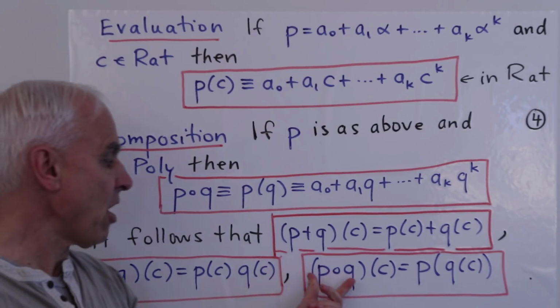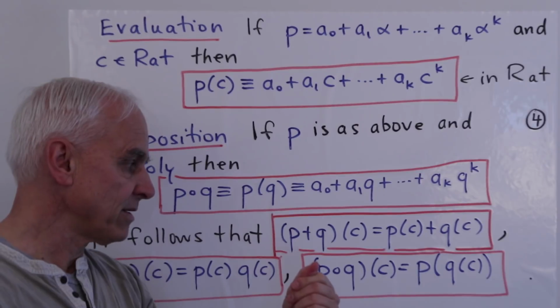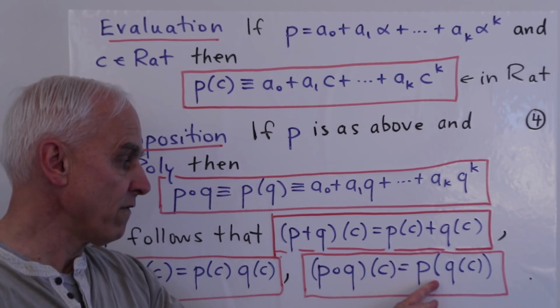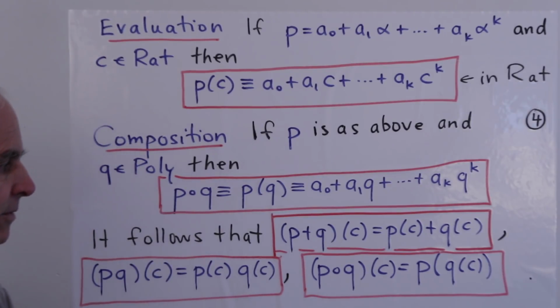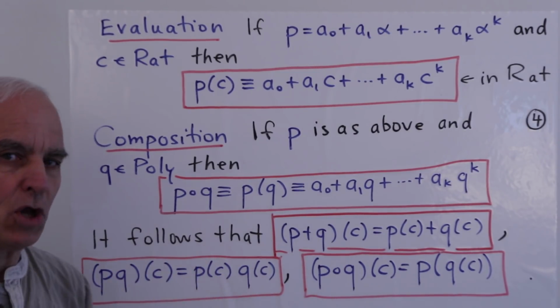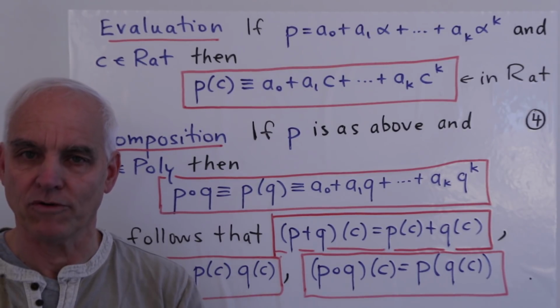And when we evaluate the composition p circle q at c, we get p of q of c. So these are all kind of simple things, but one has to check them just to make sure that this agrees with the usual yoga of polynomials, except now everything is in the world of polynumbers.